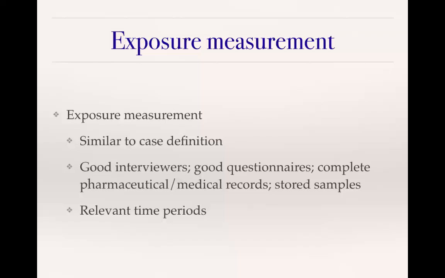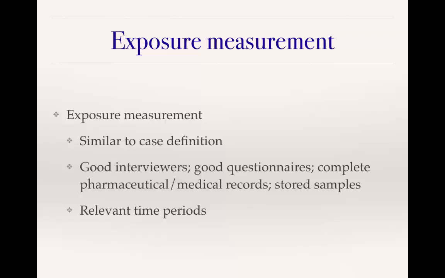And in that case, we want a good interviewer and a good questionnaire. This process, you can see, is inherently prone to bias, including a recall bias and a record bias, and we will look at these types of bias a bit later on. But one of the great strengths of a case control study is that because patients are selected on the presence or absence of an outcome of interest, we can look for multiple exposures.